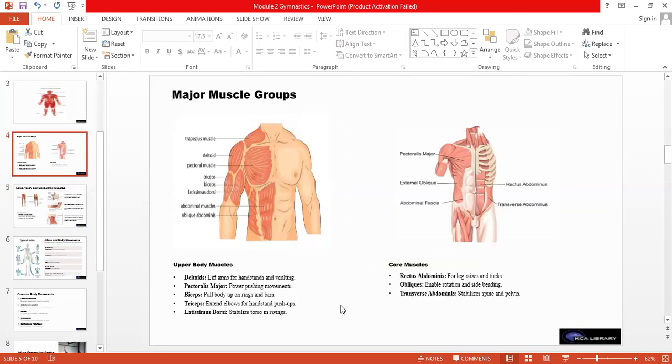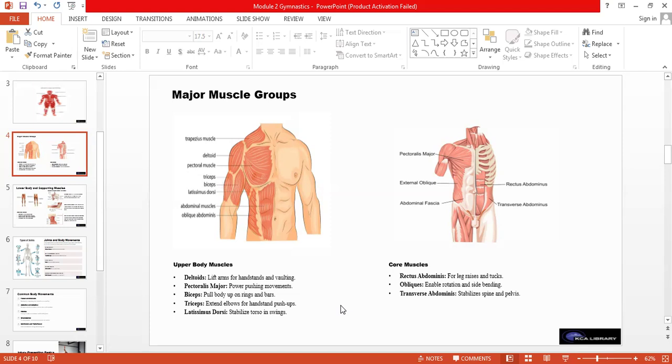These four we will look into. The upper muscle consists of the deltoids, the pectoralis major, the biceps, triceps, and then the latissimus dorsi.